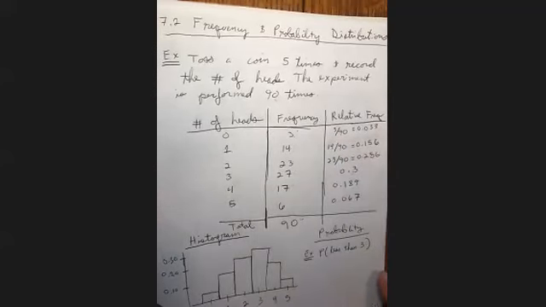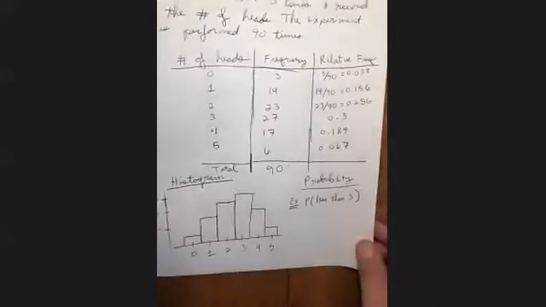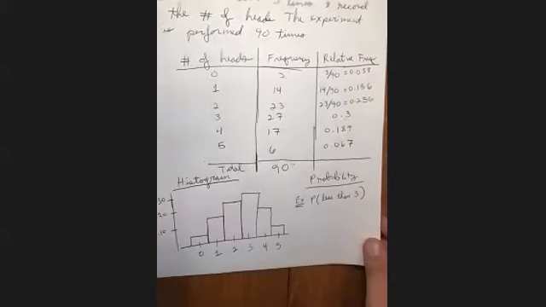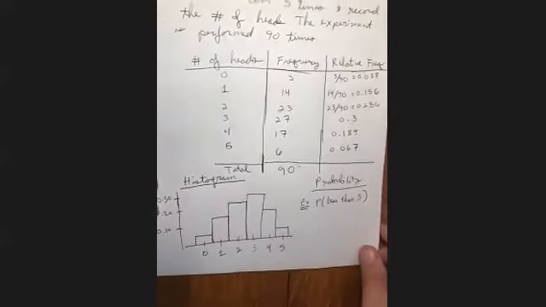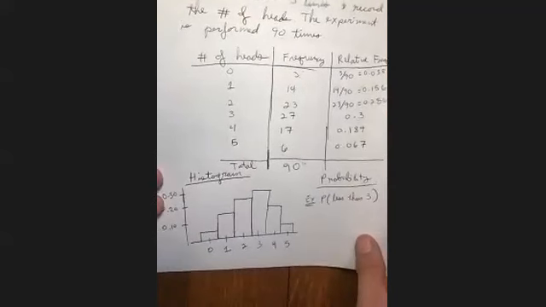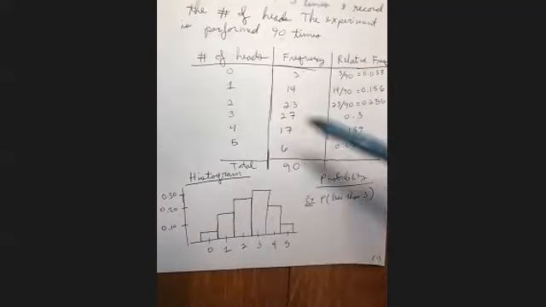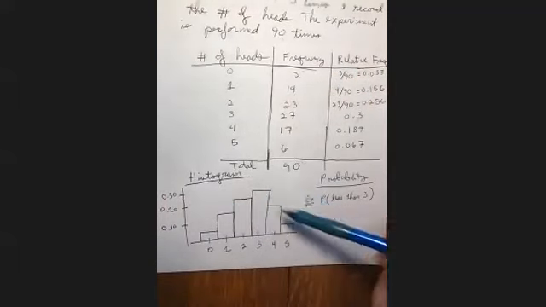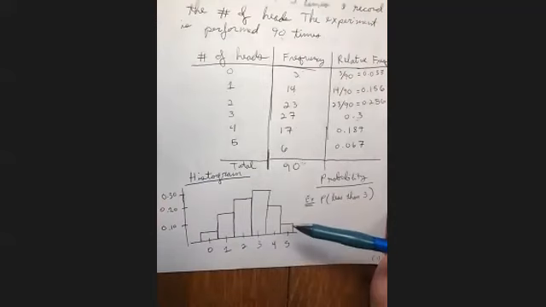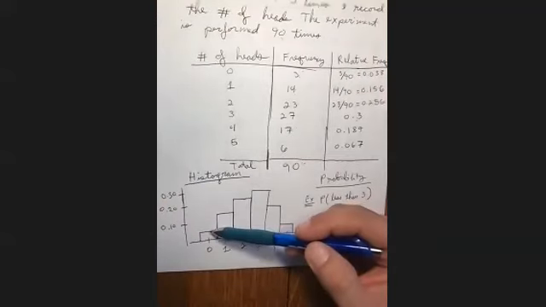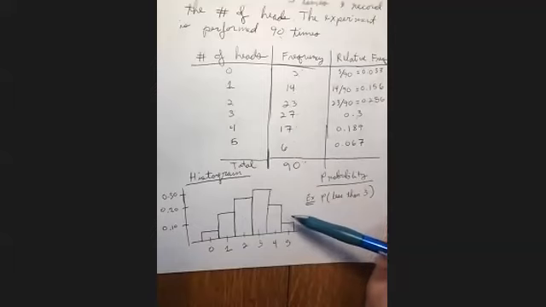Now, it's often useful to represent this information graphically. As we discussed in section 7.1, when we're dealing with quantitative data, we use a histogram to represent the data graphically. With histograms, you have bars that are all touching.